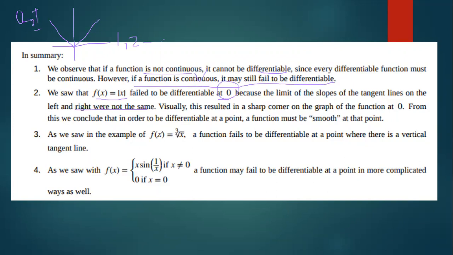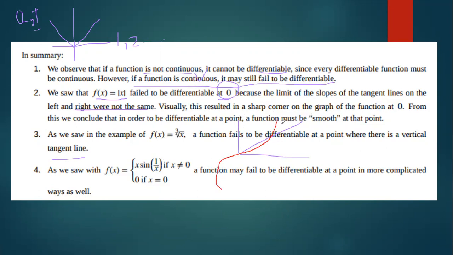For the cube root, a function fails to be differentiable at a point where there is a vertical tangent line. So what is meant by a vertical tangent line? A vertical tangent line is like that, so it will not be differentiable there, as it is a cube root. A cube root must have a curve. It is not differentiable at a vertical slope.